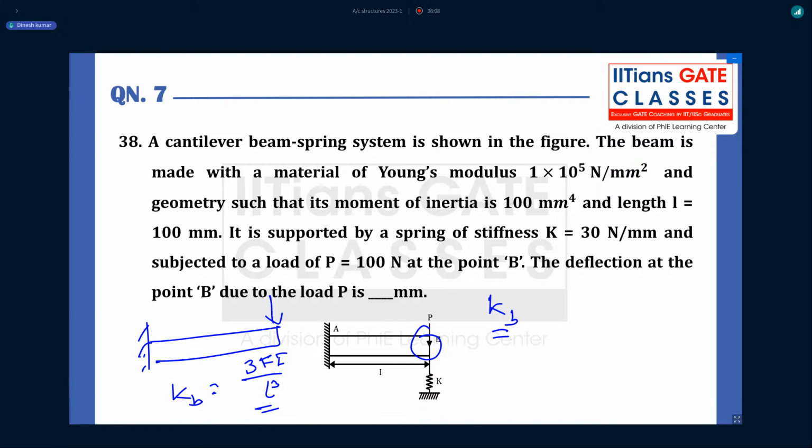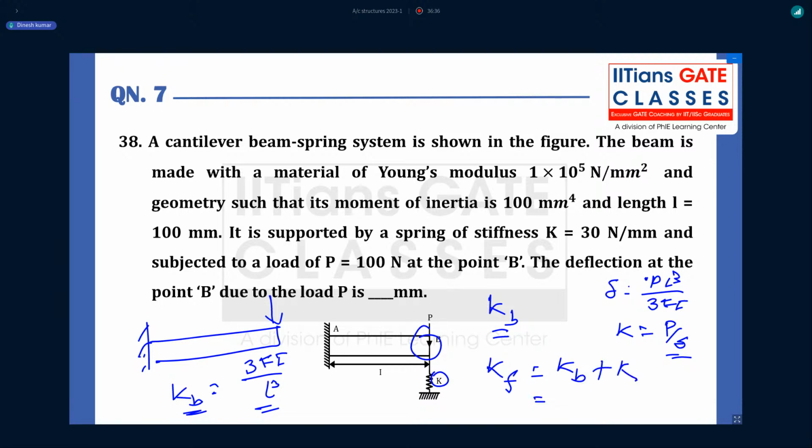The deflection at the free end is always PL cube upon 3EI, and stiffness is P by delta. So from here we know the beam stiffness. Now this beam and spring are in parallel, so my K final will be K beam plus K spring.